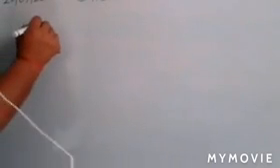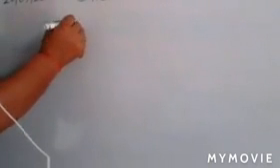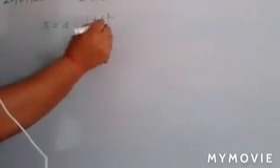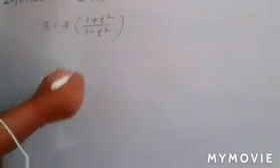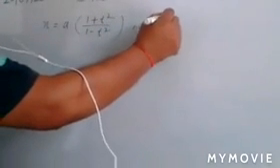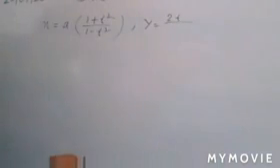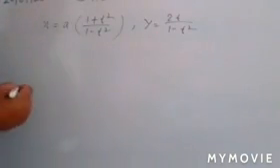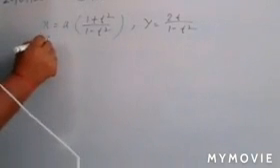Right. If x is equal to a into 1 plus t square upon 1 minus t square and y is equal to 2t upon 1 minus t square, you have to find the value of dy by dx.